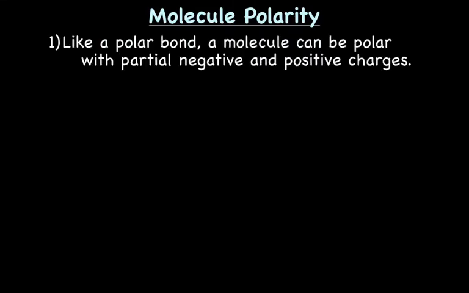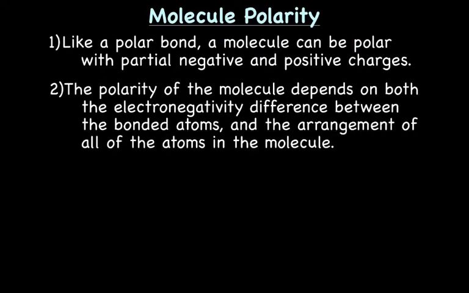All right, on to the new stuff, which is molecule polarity. So we're talking now, does a whole molecule have a polar or nonpolar character? Like a polar bond, a molecule can be polar with partial negative and positive charges. The polarity of a molecule, however, depends on two things.